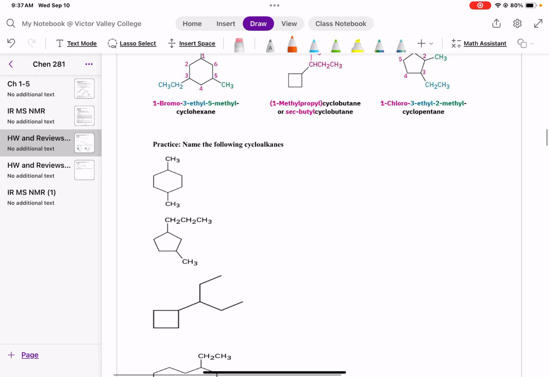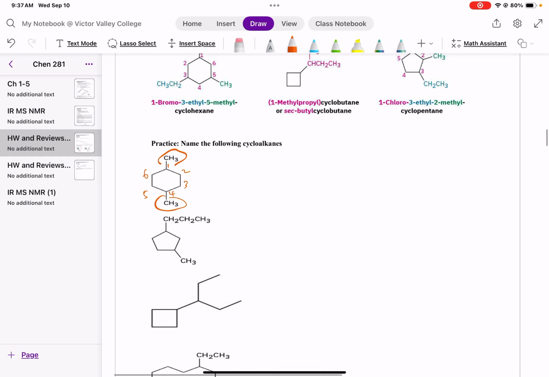Okay, here's the one that we've got to go over together because there's no answer for this. So that's 1, 2, 3, 4, 5, 6. It doesn't matter which way you go, clockwise or counterclockwise, the two methyls always end up at 1 and 4. So 1,4-dimethylcyclohexane.